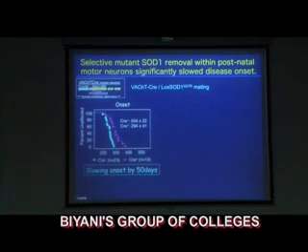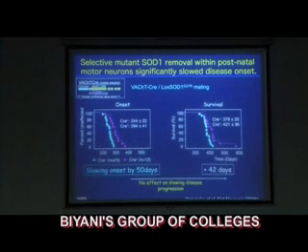Removing the mutant from motor neurons by using VChAT Cre mice actually slows disease onset. This is the onset curve, by 50 days. However, the effect on survival time is almost the same. So that means there is no further slowing effect on disease progression.